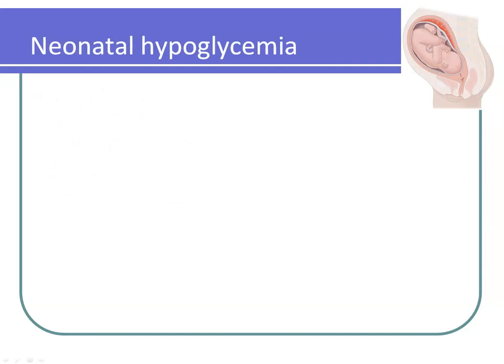So I mentioned neonatal hypoglycemia, and again, I'll go into that in much more detail, but it's very dangerous for a newborn. So what's happening is mom is hyperglycemic, and the glucose does cross the placenta, but insulin doesn't. So the fetus has to produce his own insulin.